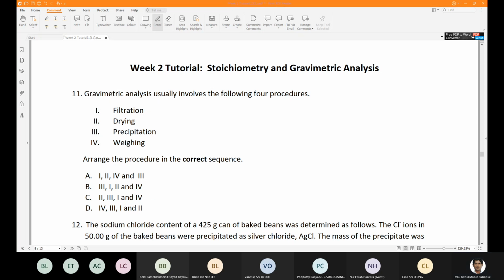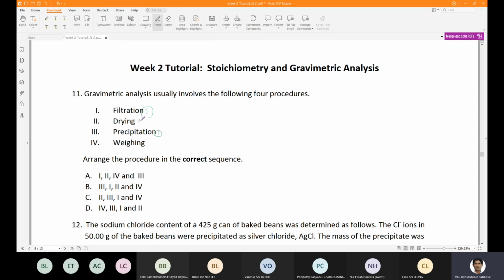So the gravimetric analysis will go, the first one is precipitation. We have to precipitate it out from the reaction first, and then we have to filter it out from there. So it's number 2.